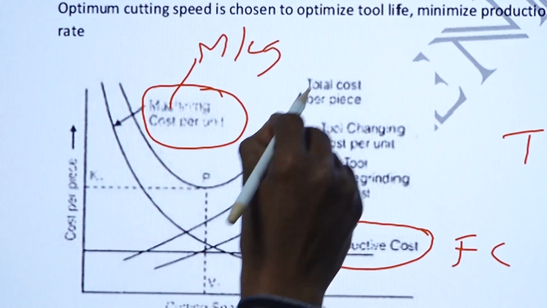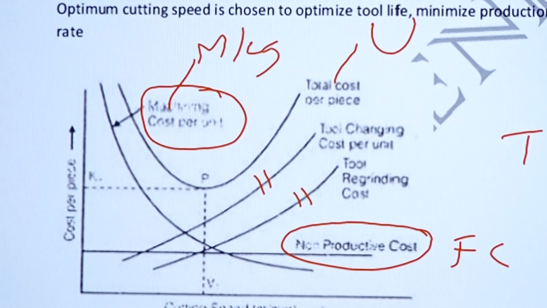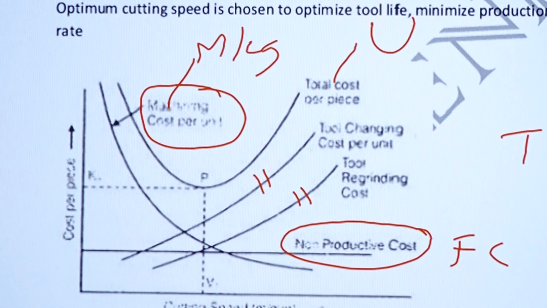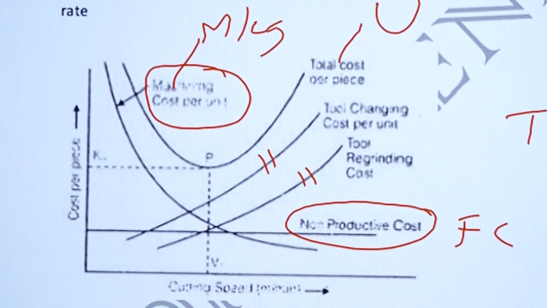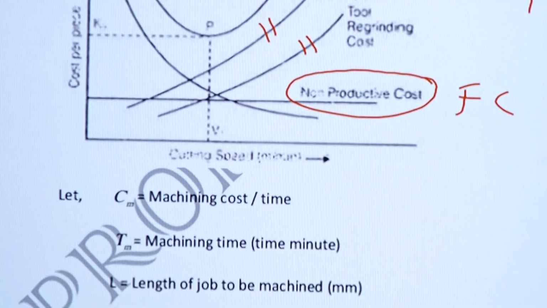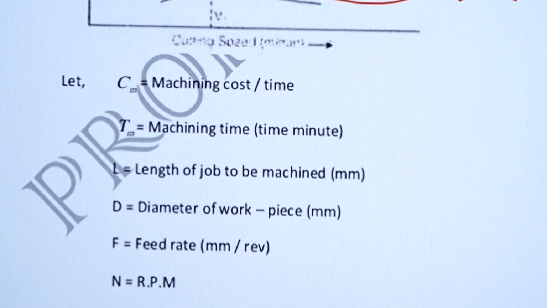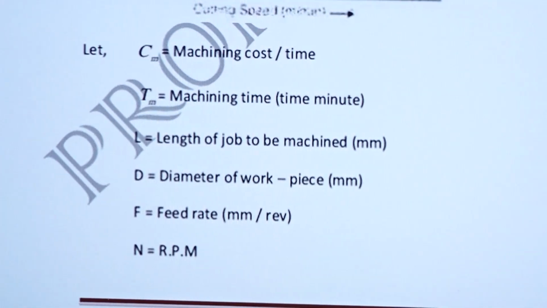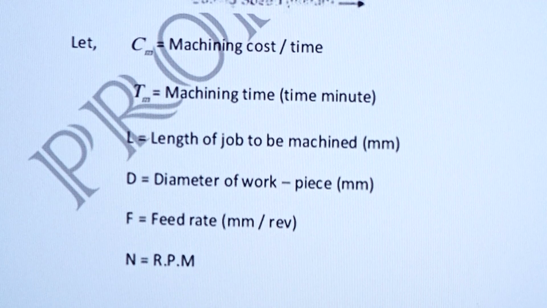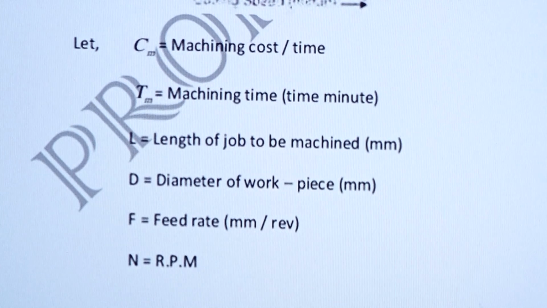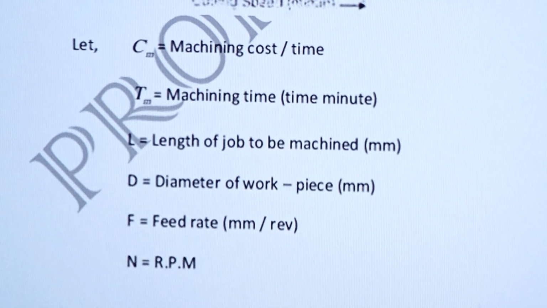Total cost will come as a U curve. Which cost will come as a U? The total cost. Machining cost decreases linearly, tool changing cost increases linearly, tool regrinding cost increases linearly.